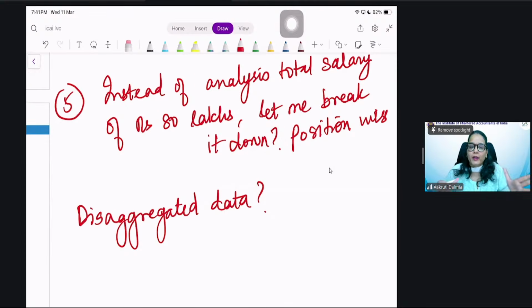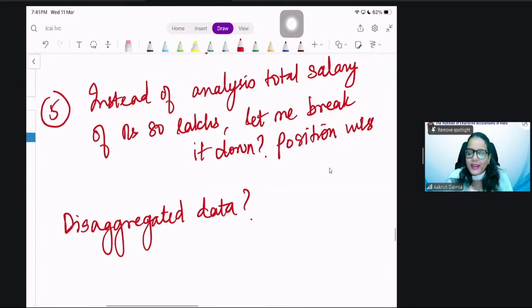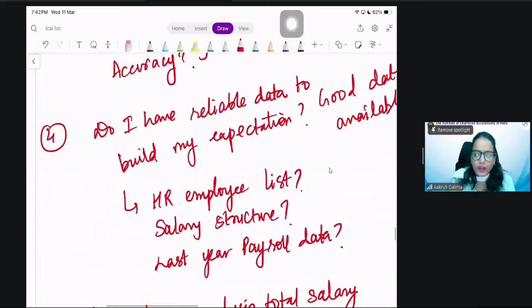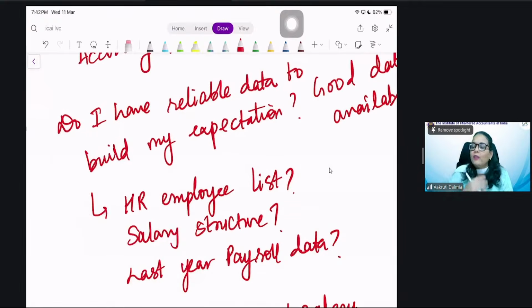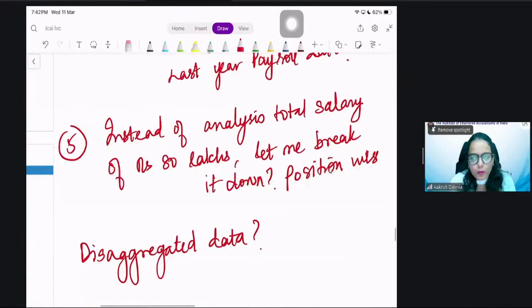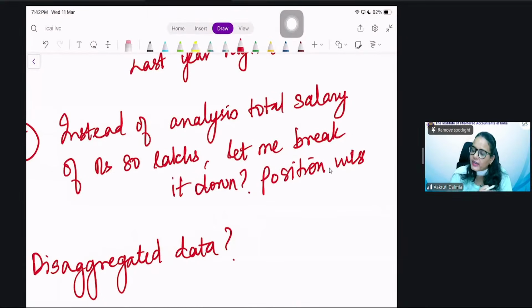Do you think analytical procedures will happen properly if separated data is not available? Suppose I have decided to do substantive analytical procedure to check salary, but there is no segregated data available for different types of salary. Will I be able to do analytical procedures properly? So, is availability of disaggregated data an important factor?